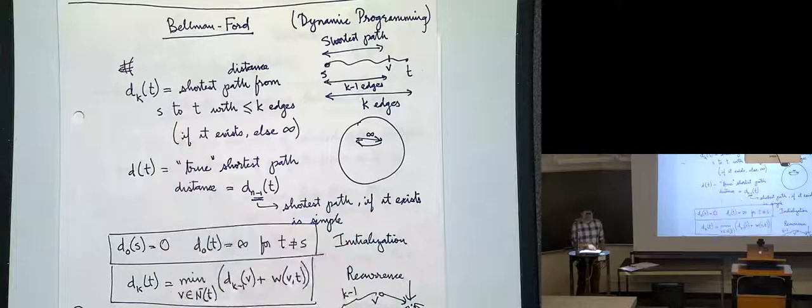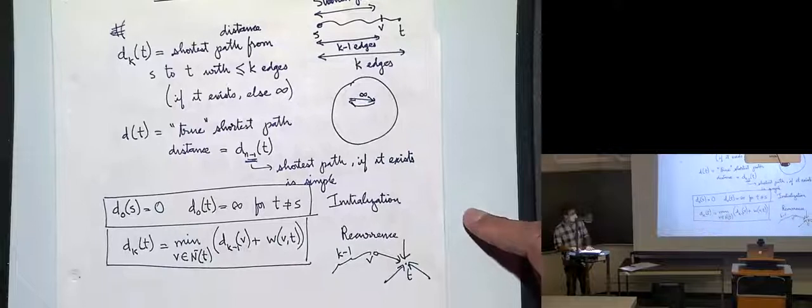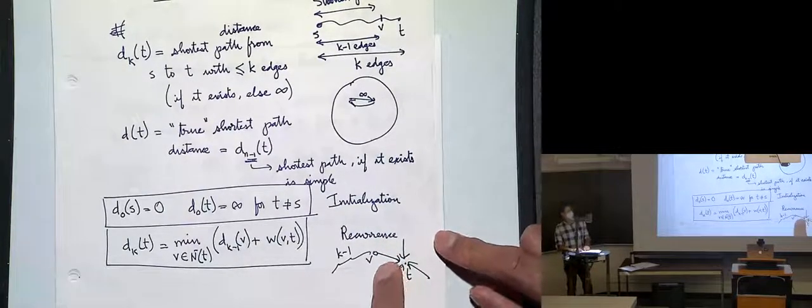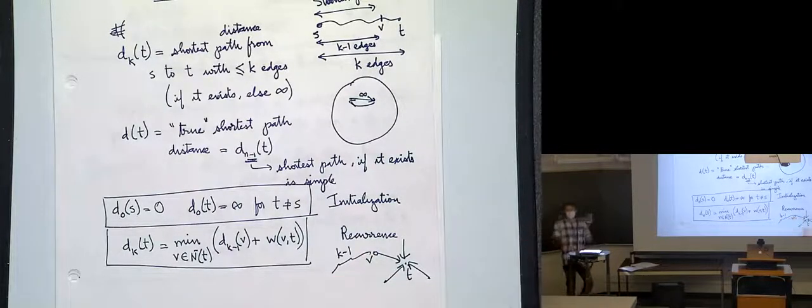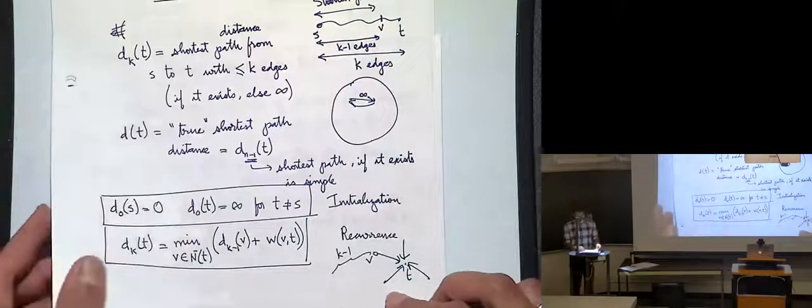We say d_k(t) is the min over all the in-neighbors v of d_{k-1}(v) plus the weight of v to t. To get to t, you have to get there from some in-neighbor. So you look at the shortest path to any one of them using k minus 1 edges, and then you take one step. You minimize over that, and you would get Bellman-Ford.